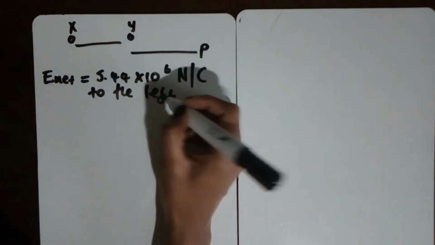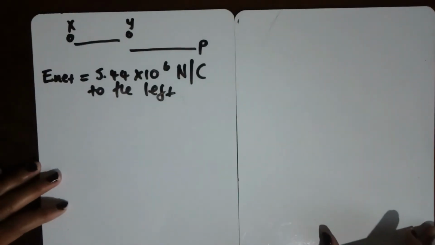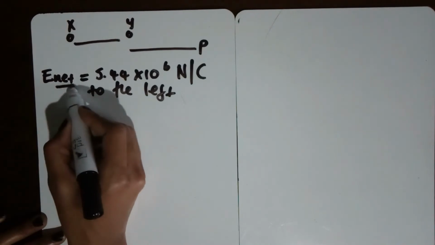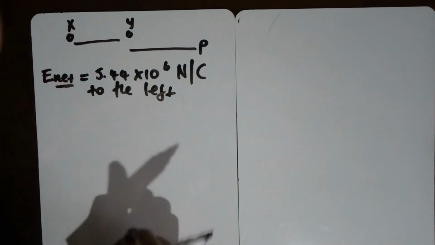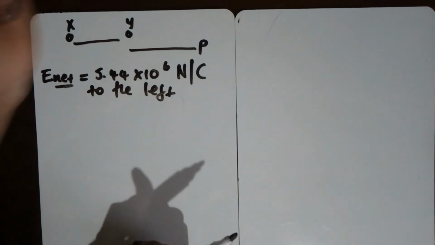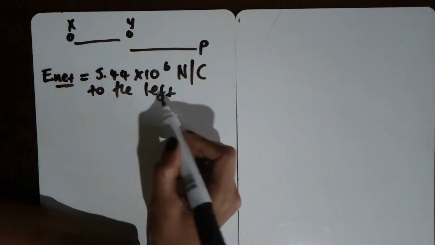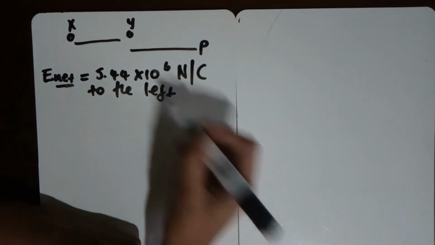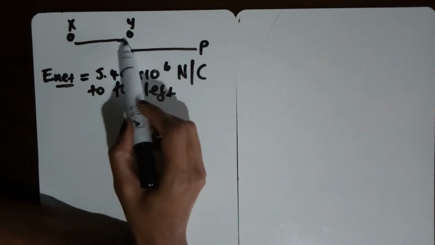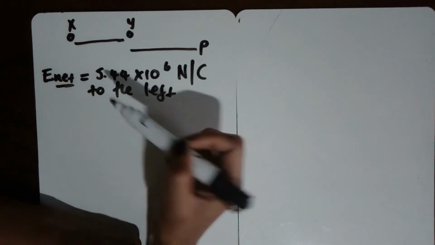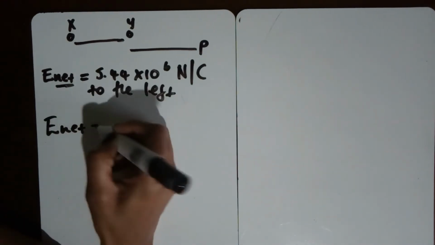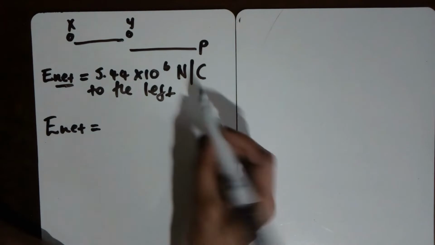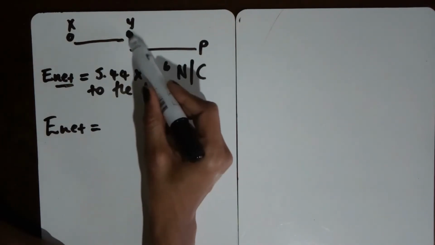When something mentions net, it should almost instantly click that you are adding all the contributions. So in this instance, we have two contributions. We have E net, and we will add all the contributions.